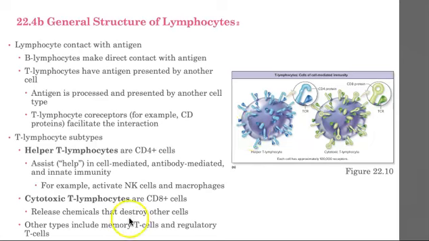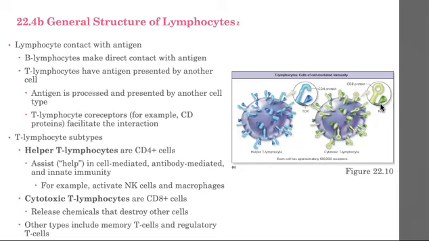For instance, they are able to activate our NK cells and macrophages that work within our innate immunity to go through phagocytosis, or for our NK cells to be able to release granzymes and perforins. With our cytotoxic T cells, you may have heard them be called CD8 cells, and that's because they have their CD8 protein that works with their T cell receptor in order to become stimulated.